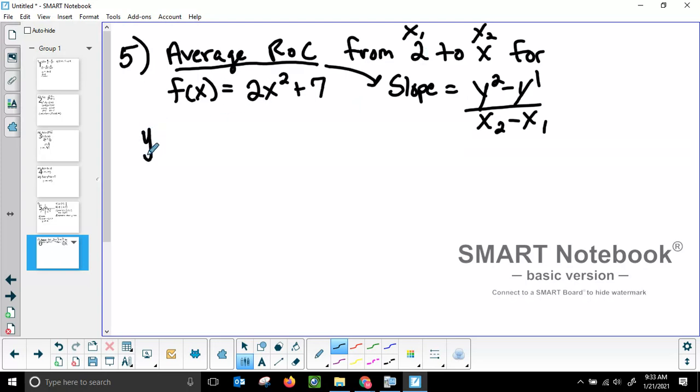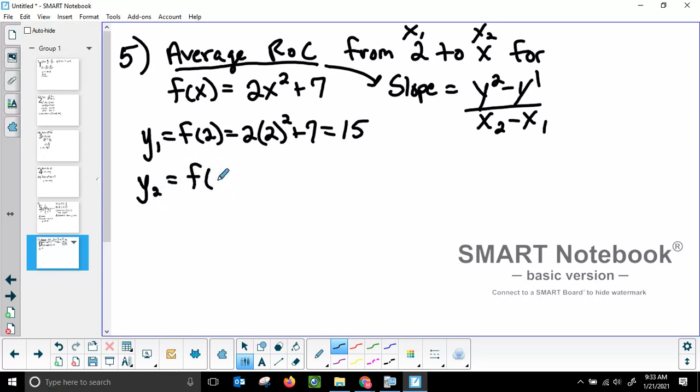So y1, which is going to be f of 2, is equal to 2 times 2 squared plus 7, which is going to be 15. 2 squared is 4, times 2 is 8, 8 plus 7 is 15. Y2 is going to equal f of x2, which is just f of x, which is just my actual whole function. When you plug x in for x, nothing changes.